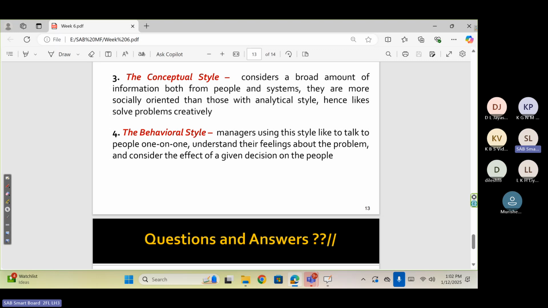Even functional area wise, we can identify production decisions, marketing decisions, finance decisions, HR decisions, project decisions. Then in the hierarchy, we can identify strategic, tactical, and operational decisions. Then based on the approaches to decision making, we can identify team decisions and individual decisions.